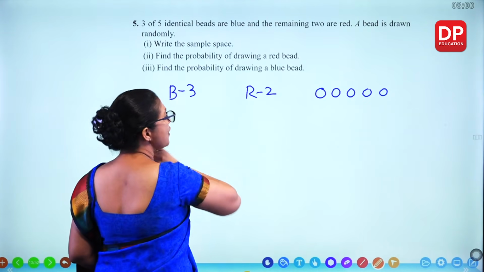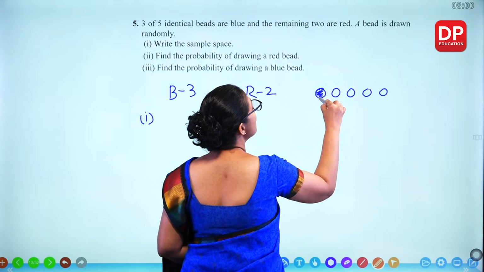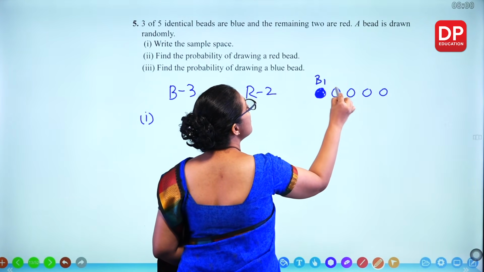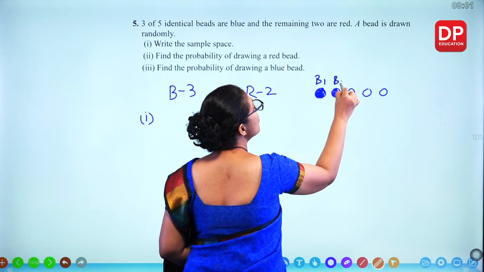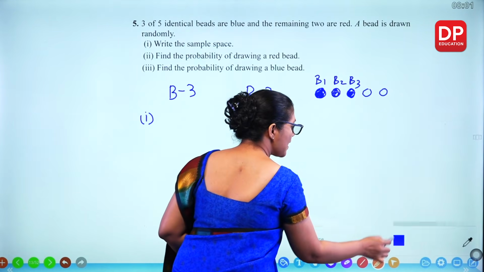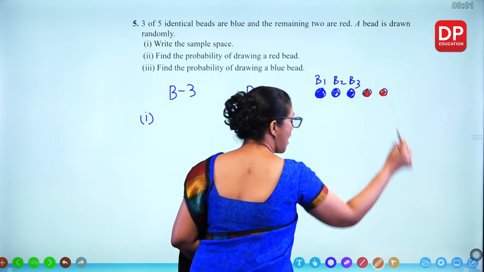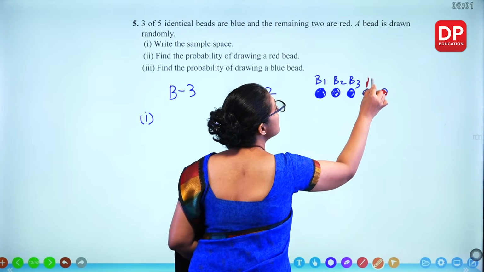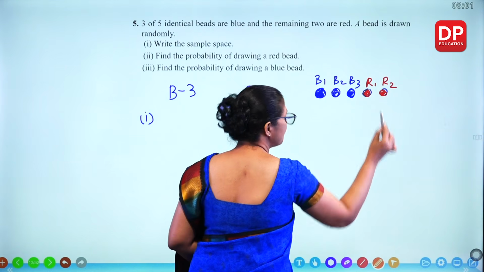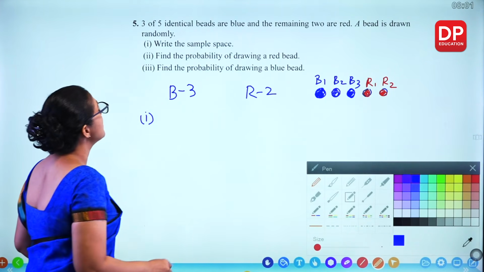We'll label the 3 blues as B1, B2, B3. And the 2 red ones I'll take as R1, R2. Then I can easily write down the sample space.